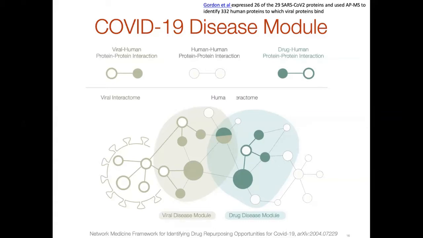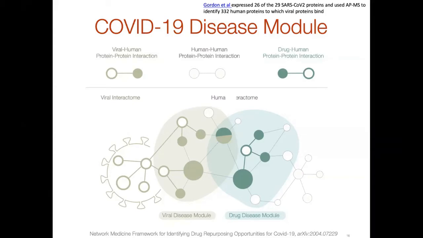And the first thing we really need in order to be able to do that is a disease subgraph or disease module representation of COVID-19. Here we relied on the work that Gordon et al. from UCSF have done, who found a set of human proteins that the virus binds to.